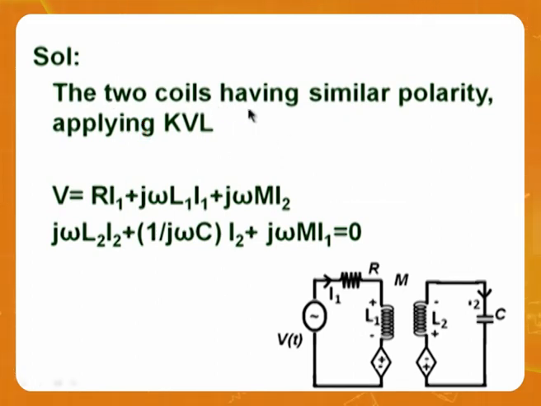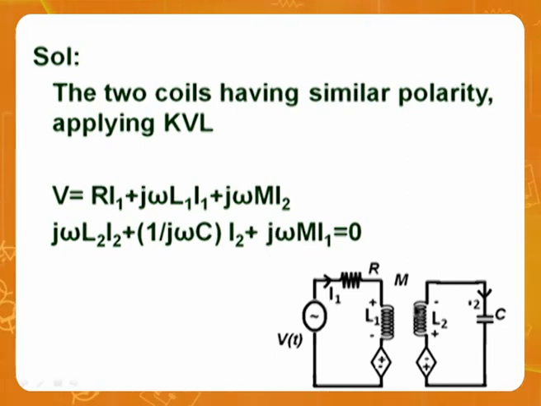The two coils have similar polarity, therefore we are going to have plus minus, plus minus, same. V is I R1, j omega L1, j omega M I2. Please remember, the second one will induce on the first one and the first one will induce on the second one.